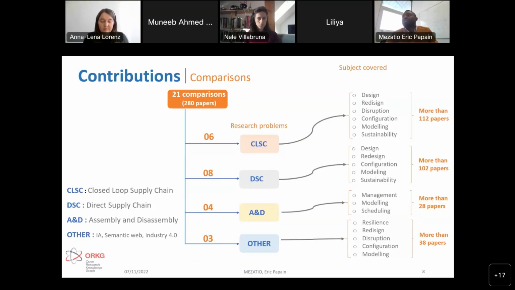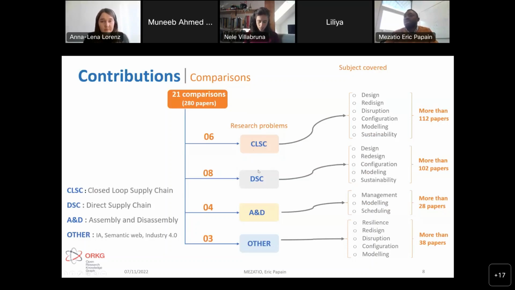We made 21 contributions with over 280 papers. Our contributions have 4 specific research problems. The first concerns the closed loop supply chain, because in our PhD we are working on it.